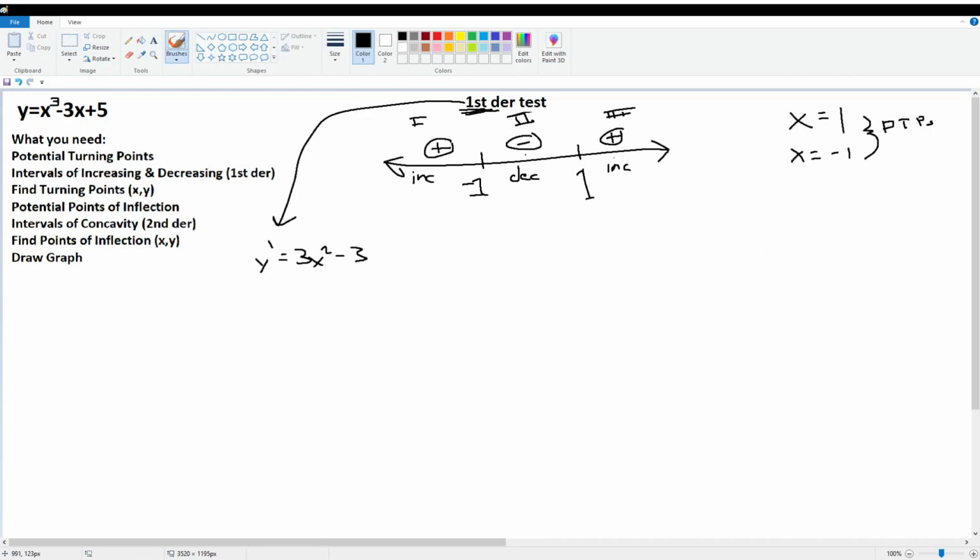And when I say actual values, I mean using the original equation to find the actual y value. You don't use any of the derivatives, any of the derived equations. You just use the original equation when you're trying to find the actual value. So y equals, we're going to do this for 1 and negative 1, which are where both of the turning points are. So let's just do negative 1 first.